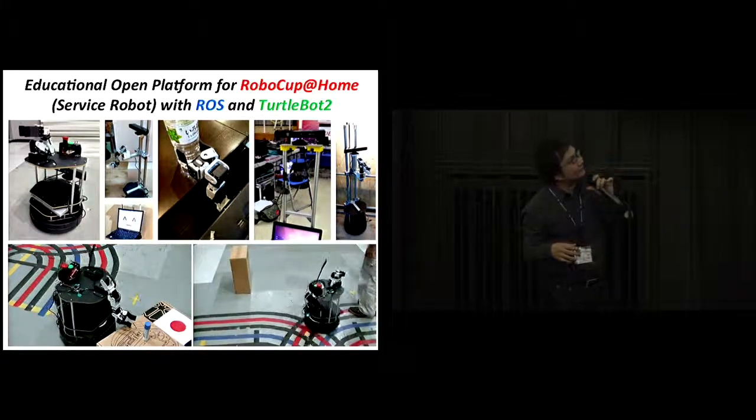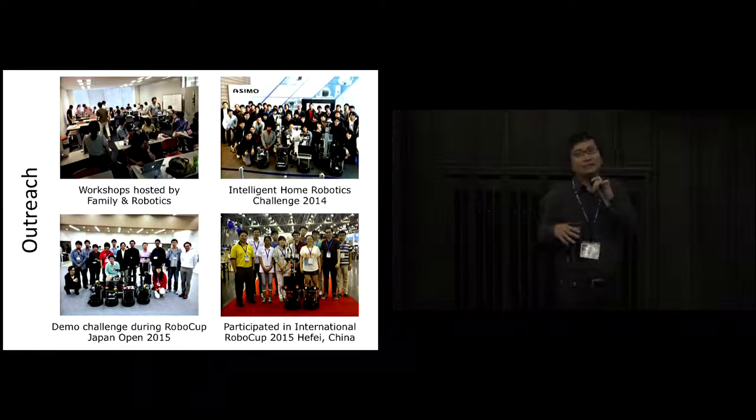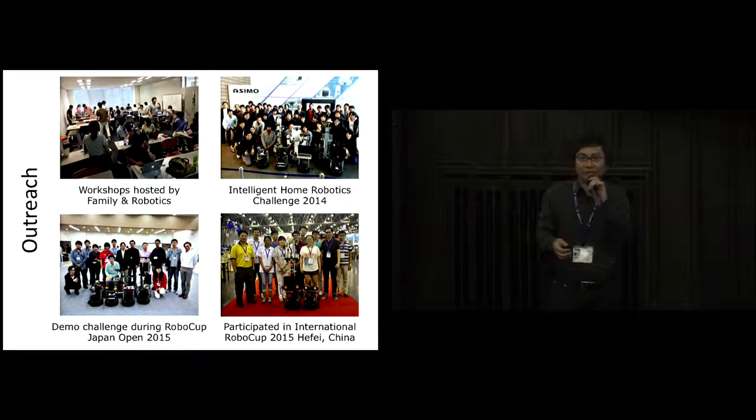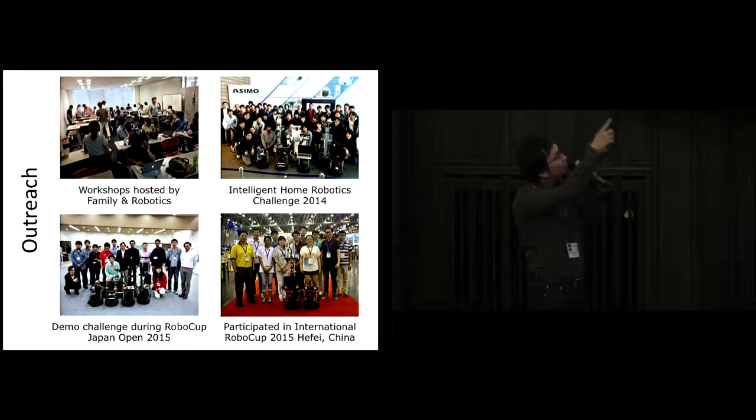Okay, so this is the outreach that we have achieved so far for a year. You can see it's very promising. So in Japan, we collaborate with Robot Store, RT Corporation, and we have conducted several workshops over there. It's very encouraging.